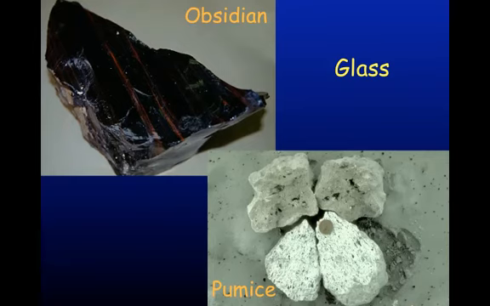Even though it's not crystalline, you can still do the chemistry the same way you might for a product of a lava flow like a rhyolite and see that it's rhyolitic. But it has this dark color because of the glassy texture. Same thing with the pumice, it's rhyolitic. So beware of the color index.